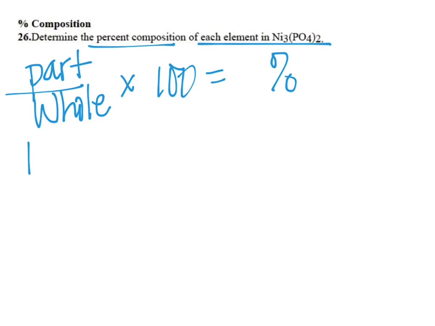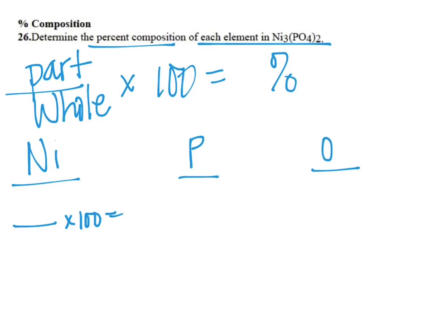So here we have nickel, phosphorus, and oxygen. Each one of these is going to need the whole.